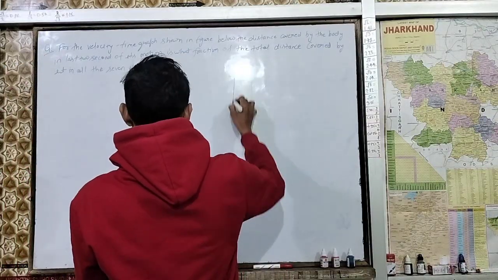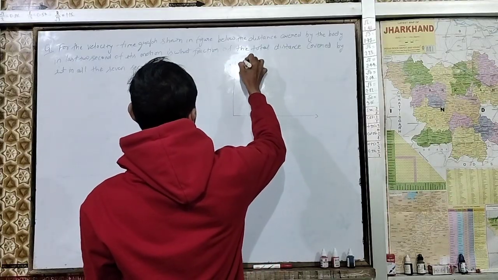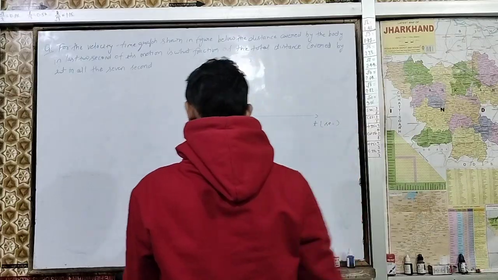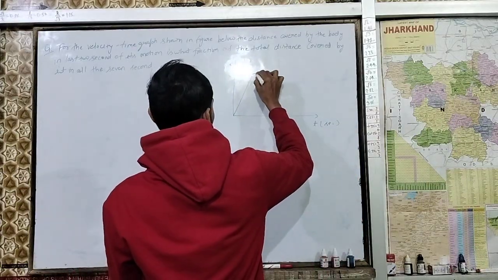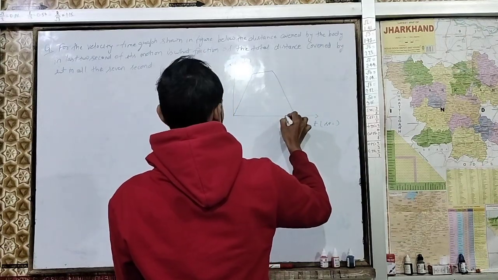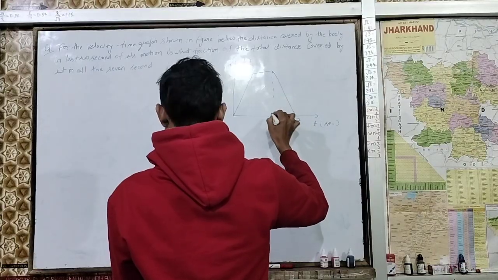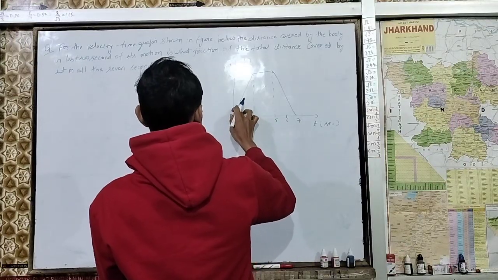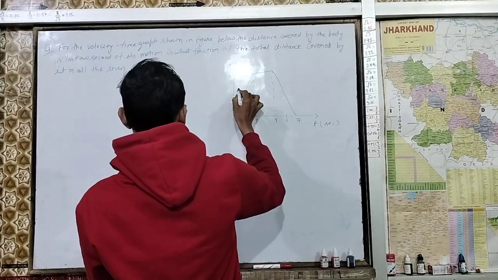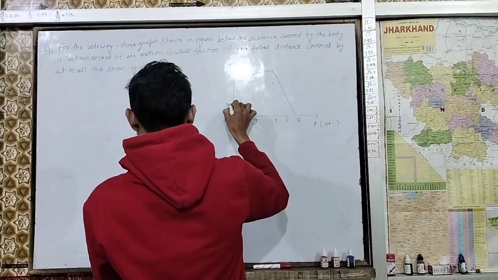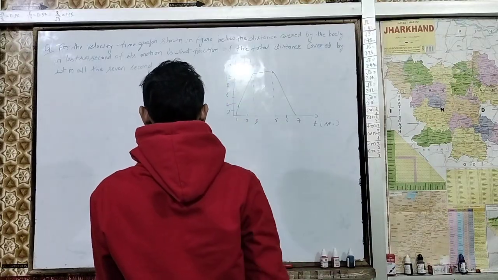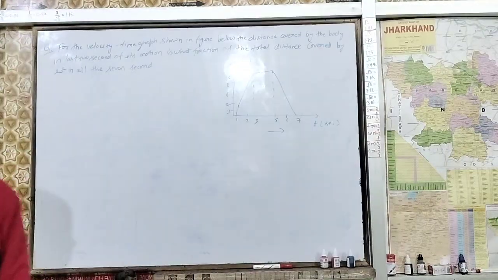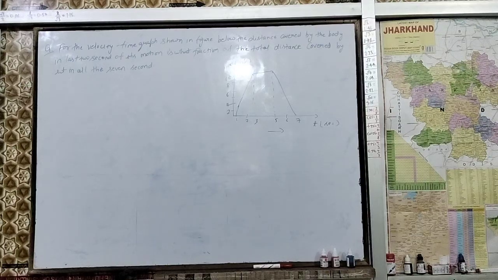Graph is something like this. VT graph. This is our graph.